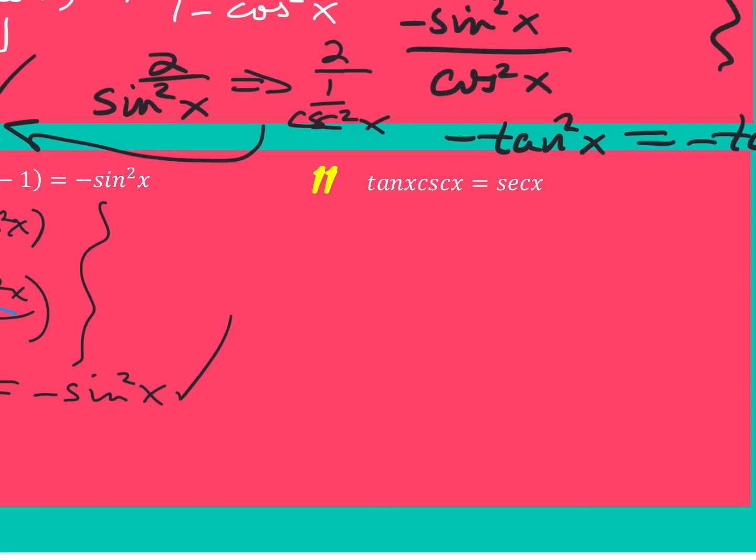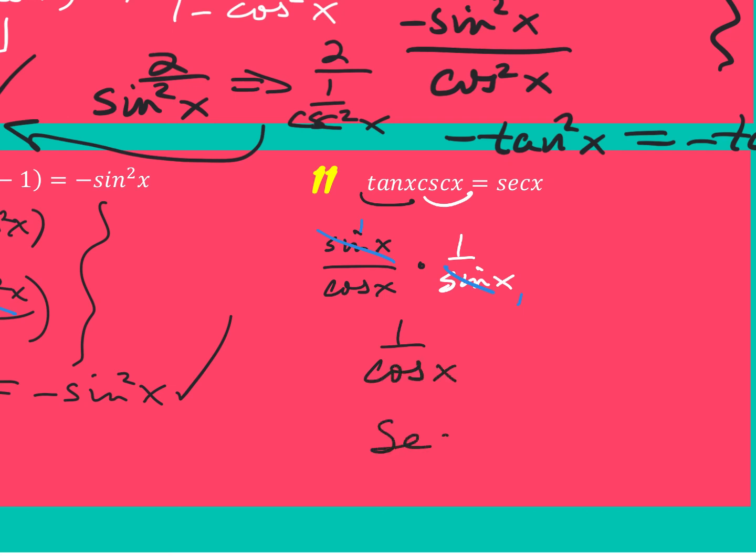For this one, I'm just going to change tangent into its quotient identity and cosecant into its reciprocal. Tangent becomes sine x over cosine x, and then cosecant becomes 1 over sine x. The sine x's simplify. I'm left with 1 over cosine x, which its reciprocal is secant. And I'm done.